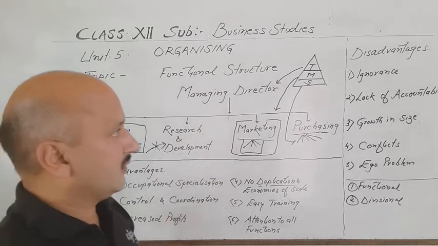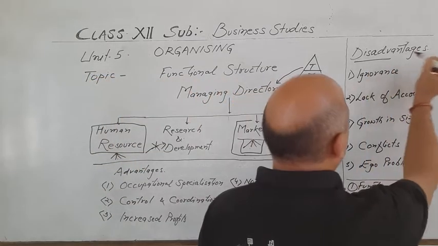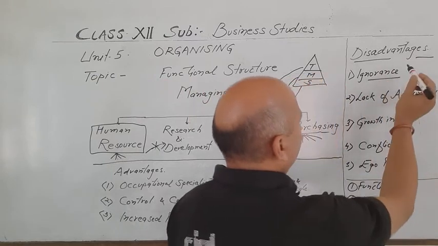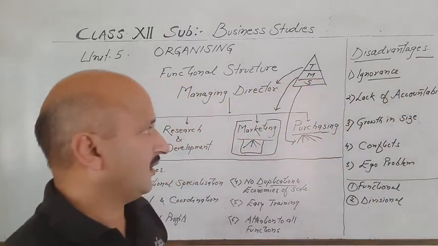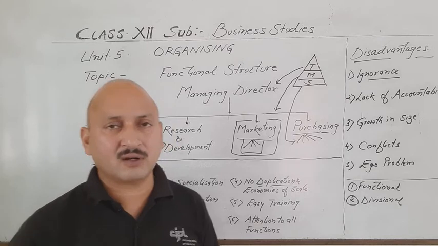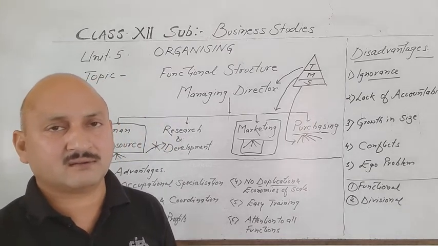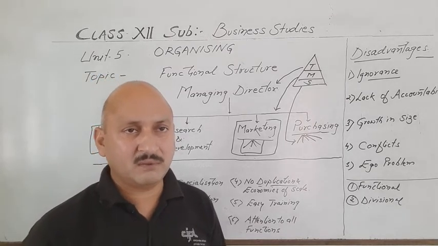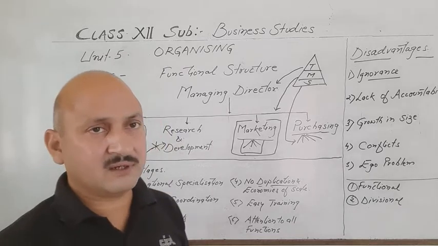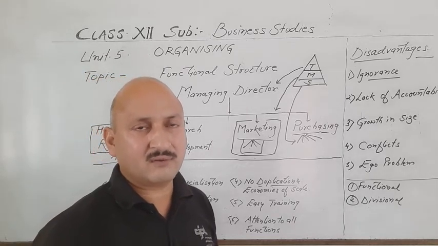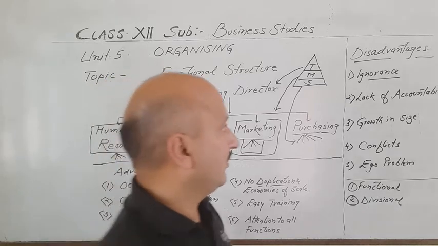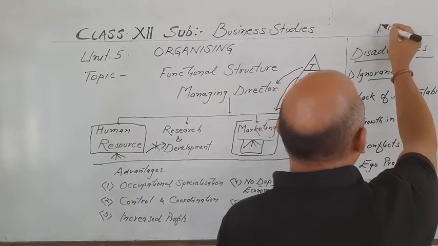Now let's move on to the disadvantages. First one is ignorance. Ignorance of what? Ignorance of organizational interest. It may be possible, and I am telling you one keyword that you have to continuously use, that is "may".